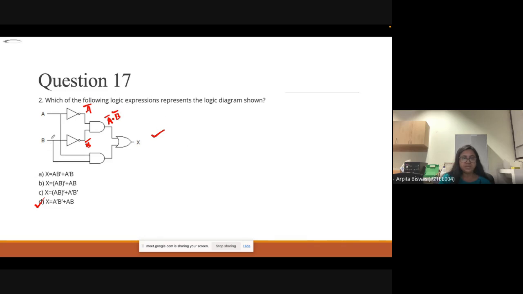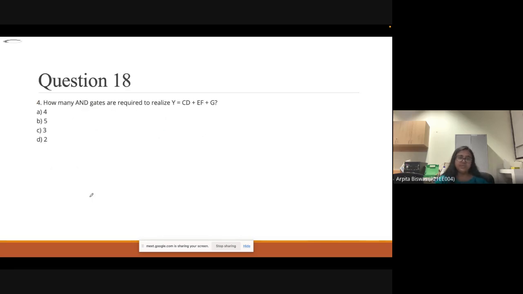And here A and B pass directly through this, so A into B. Then it passes through the OR gate, so the output is A bar into B bar plus A into B. Yes. So this is the X value.